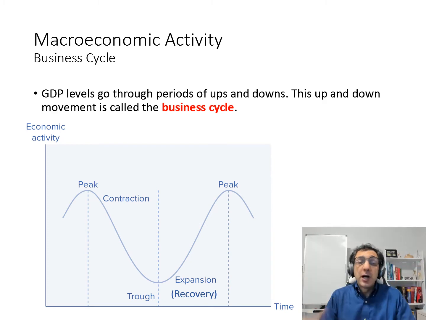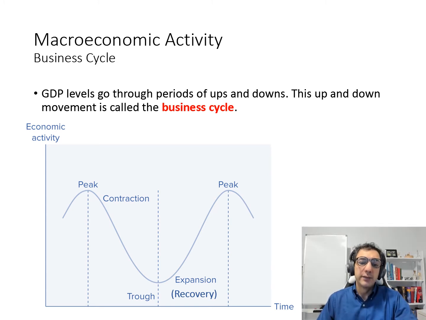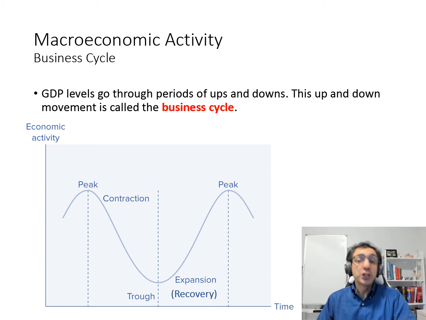The economy is becoming smaller, and then you have the minimum level of economic growth, which is called the trough. It is followed by expansion or recovery, and then you go back to the peak. So peak, contraction, trough, and expansion. These are the four major stages you see in the business cycle.